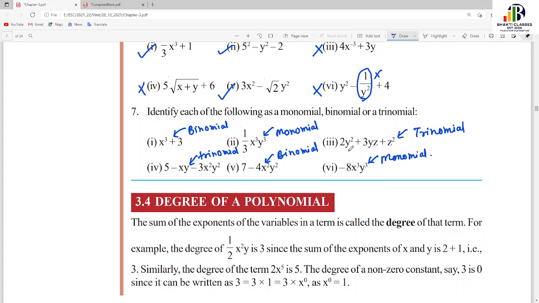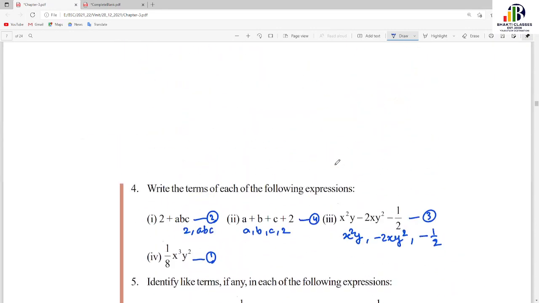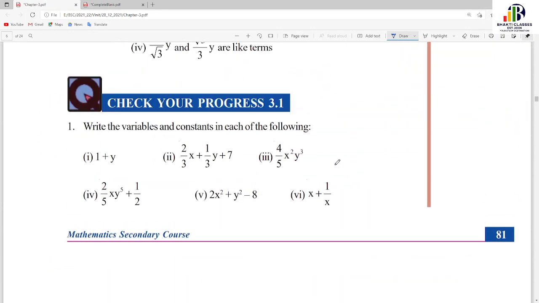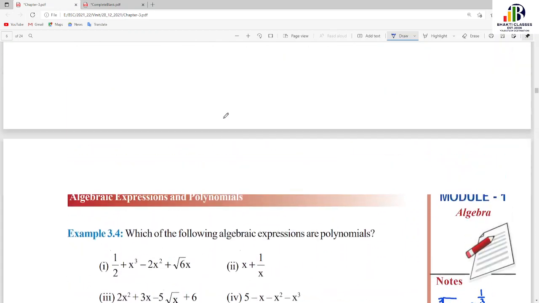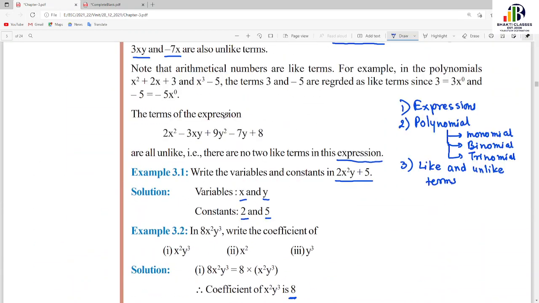So till this, whatever we learned, you understood? We have learned about expressions, we have learned about variables, constants, their powers, like terms, unlike terms. So you have understood each and everything, right?